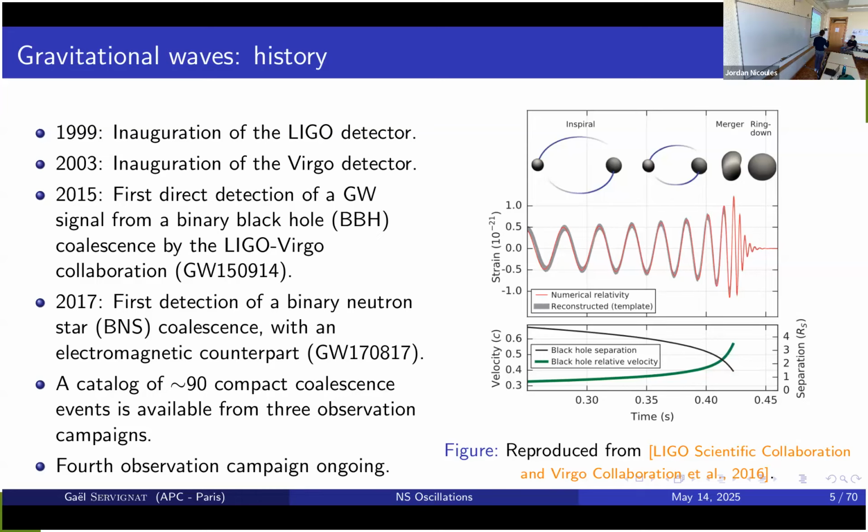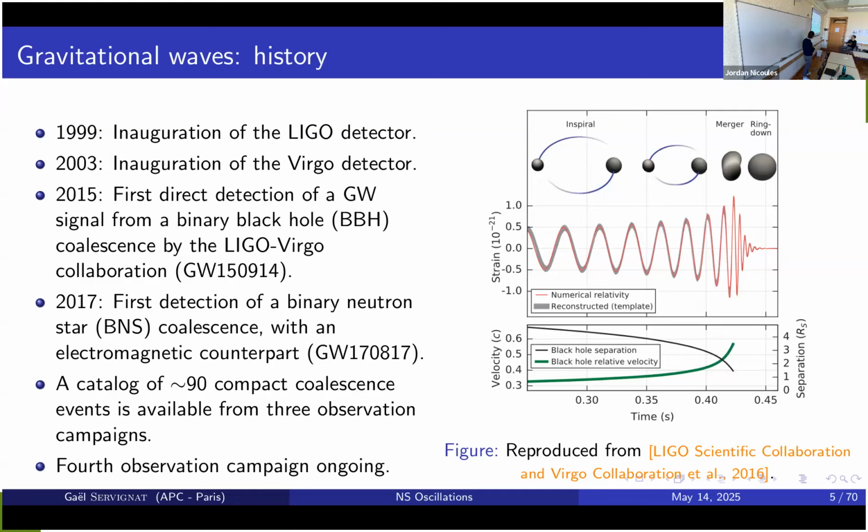And when that happens, there is this chirp. The frequency of the orbital motion increases up to the merger, and then the ringdown is the end of the cycle. And actually, this is exactly what was observed when this first event in 2015 was seen.